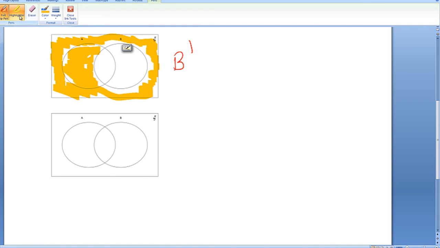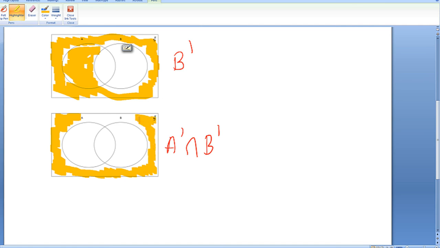So what that means, if we're shading not A intersect not B, is it's all the elements out here. And that's why this one is known as neither A nor B. That's the English translation of that.